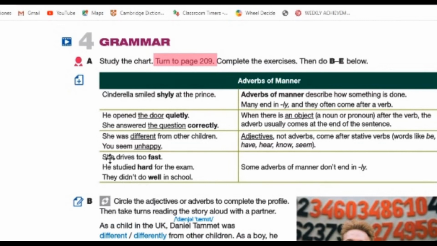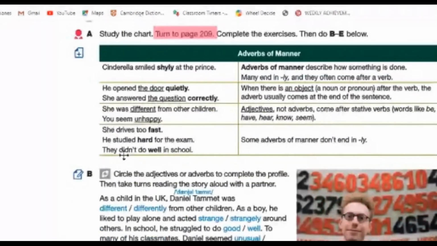Again, subject: she, he, they. Verb: drives, studied, didn't do. Then you have adverb: fast, hard, well, and sometimes we have the comma. So the position is important.